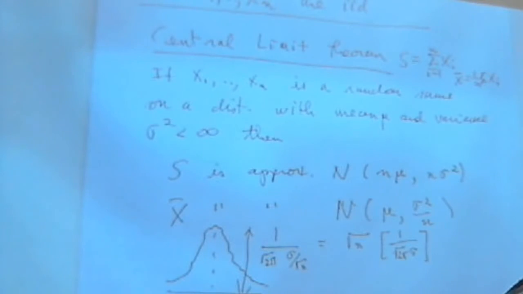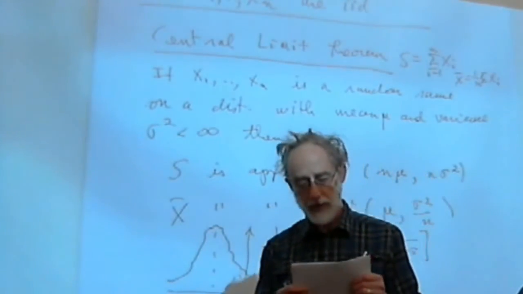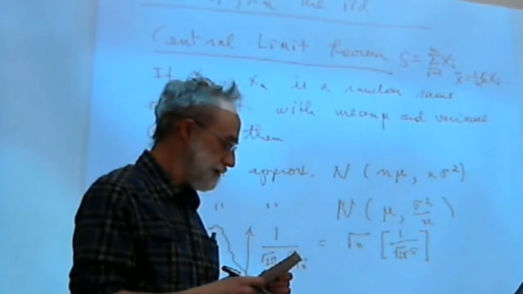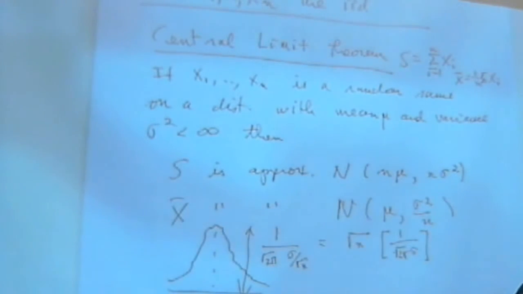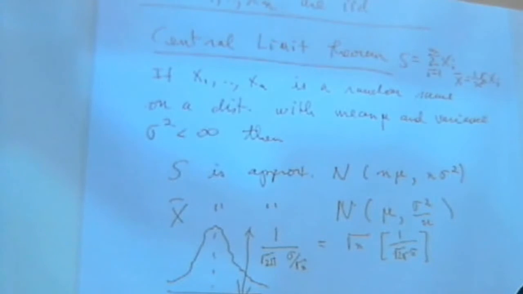The elevator has a sign: maximum weight is 2,900 pounds. These adults enter the elevator. Find the probability that the cable snaps and they plunge to their death. Okay, well, what's this problem? You just want to know if their combined weight exceeds 2,900 pounds.